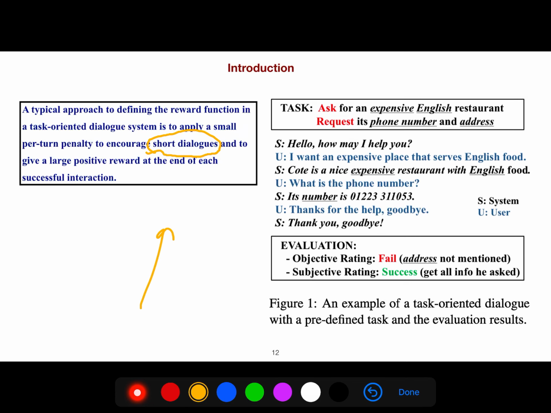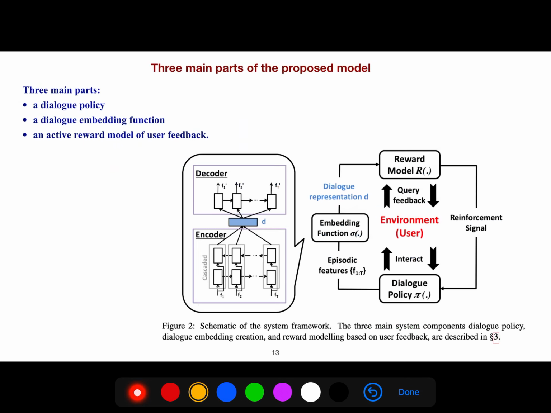And we give a large positive reward at the end of each successful interaction. So there are 3 main parts of this model. We have a dialogue policy, we have a dialogue embedding function, and so it creates this representation D, and an active reward.